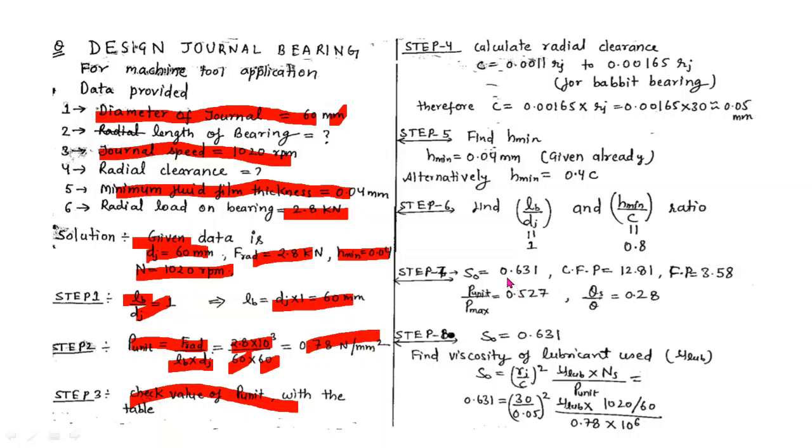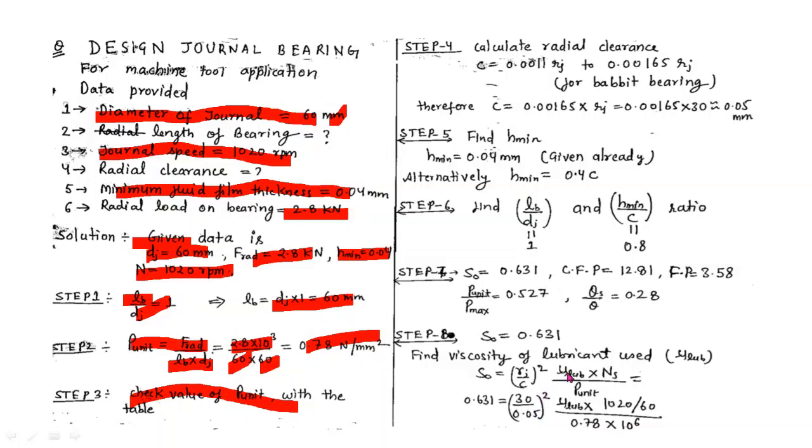Okay friends, which we have already obtained from the table, and we put this value of the Sommerfeld number in this formula. So I have put the value 0.631 here, and the radius of the journal, which is given as 30, is the given data. It is taken from here, and the value of the radial clearance is taken from step number 4.